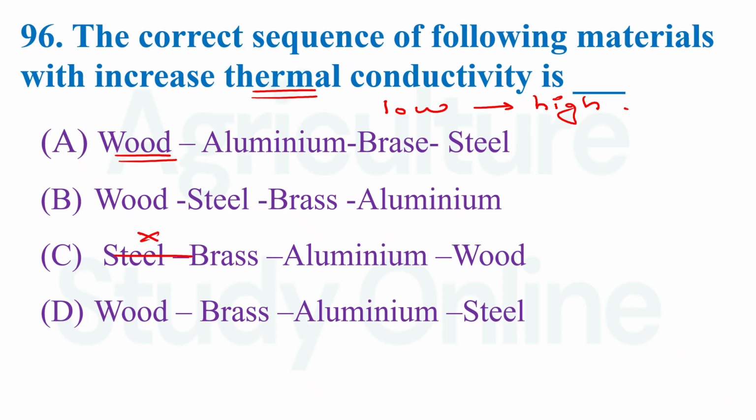Next, steel. So this is a moderate one, after which brass is better than that, and aluminium is having very high thermal conductivity. So the correct trend should be option number B, that is wood, steel, brass, and then aluminium. Option B is the correct option.